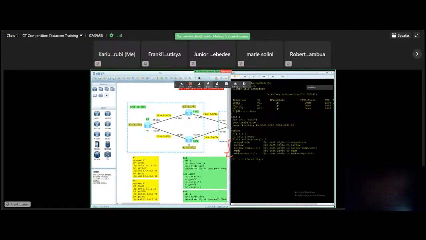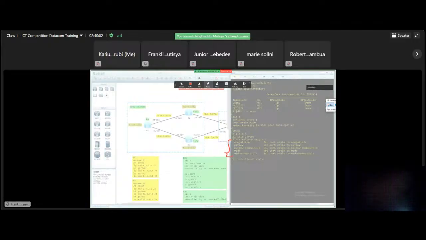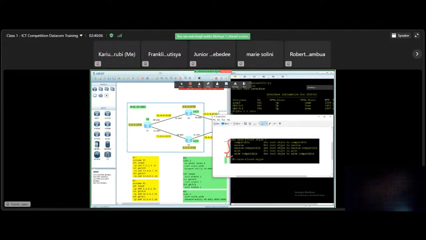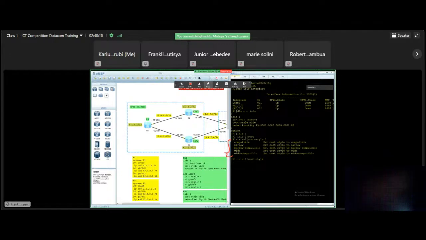Let me capture it. Okay. Captured it. I just wanted to update my notes.